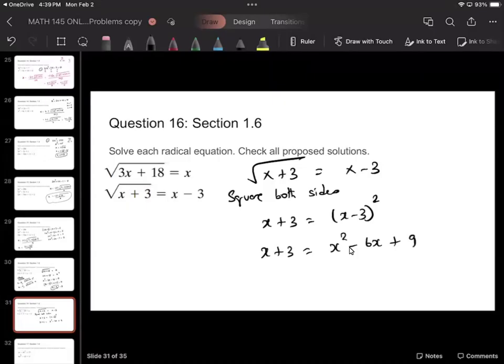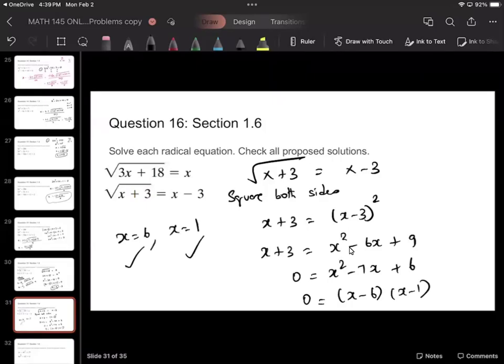So what I did was x minus 3 times x minus 3 on the right side. Then I move everything here. When x moves here, it becomes a negative. 3 moves here, it becomes a negative. This is what I have. This is factorable. So which means I have two solutions, 6 and 1. And they both work for me, so I'm good.